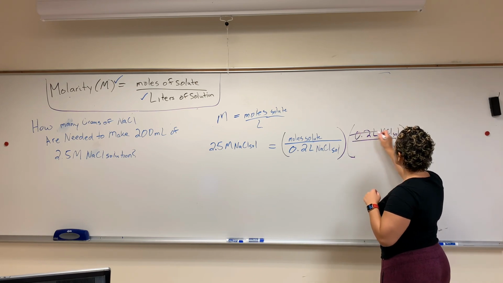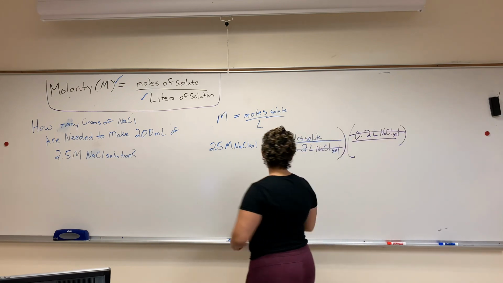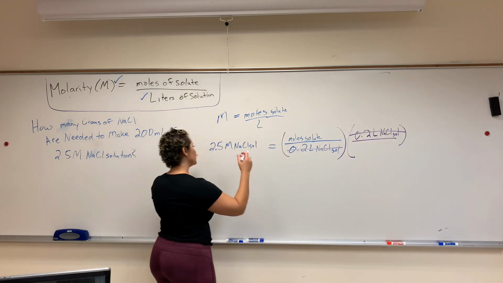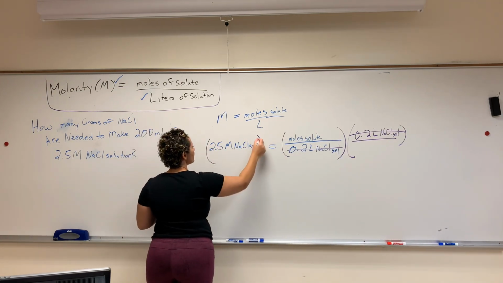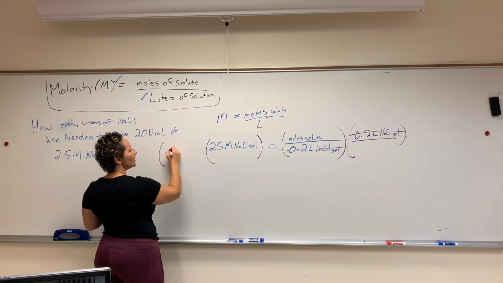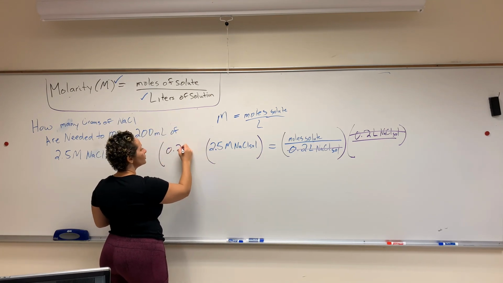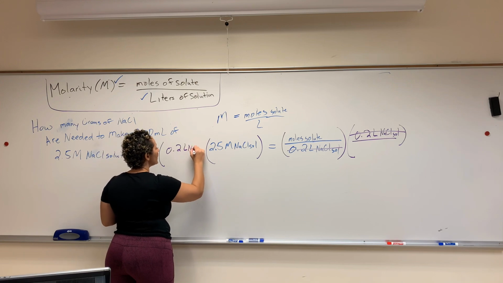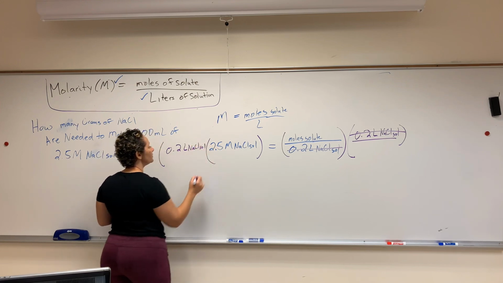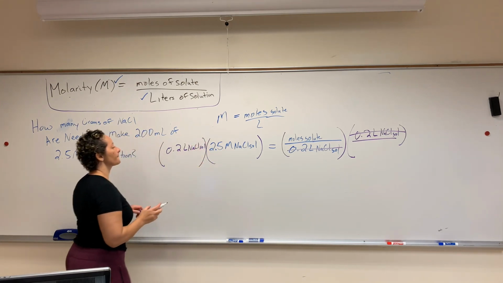Cancel it all. Whatever you do to this side of the equal sign, you have to do to this side of the equal sign. Thereby, 0.2 liters NaCl solution. There we go.